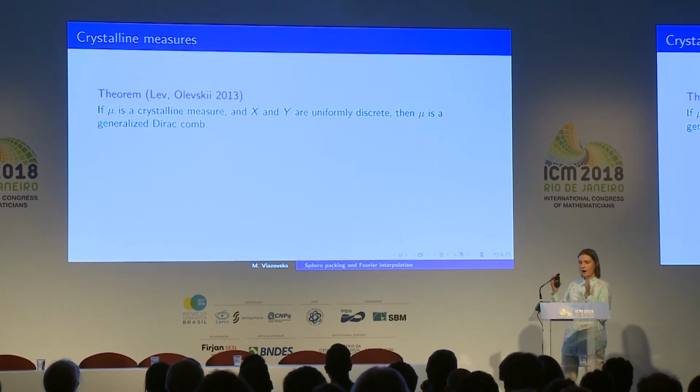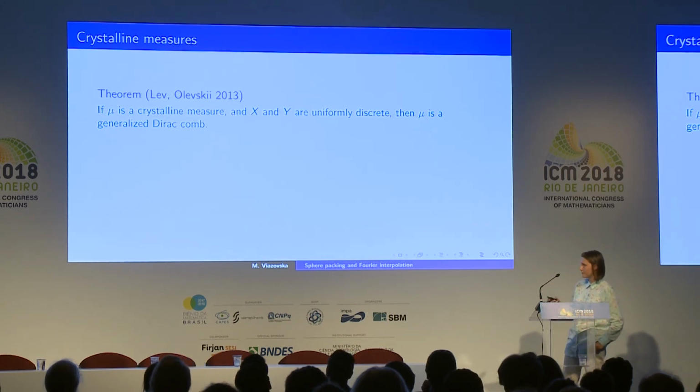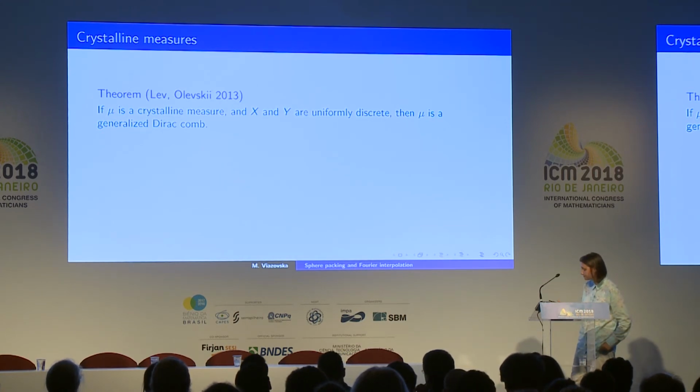So it can be either a Dirac comb, or its translate, or its Fourier transform, or some linear combination, and nothing else, only finite combinations like this, actually for some commensurable lattices.